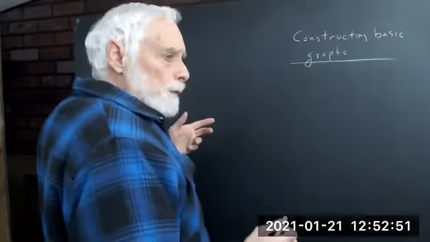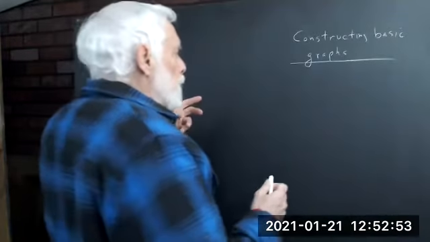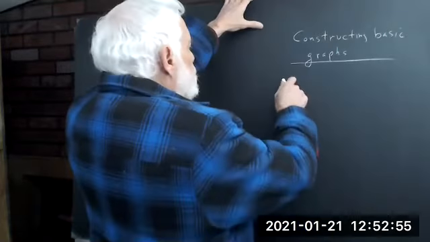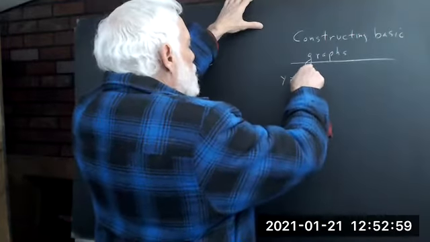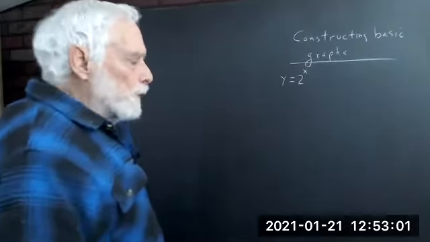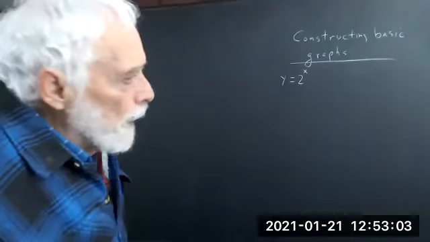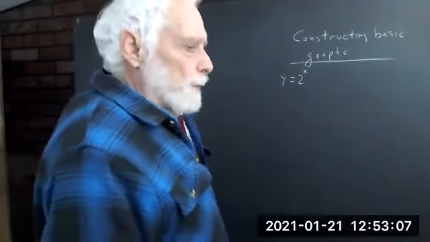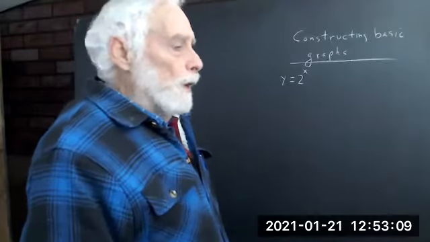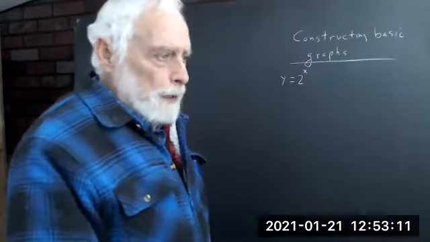So I'm going to start with the graph of y equals 2 to the x. And if you remember, I'm not going to write it down, but you should probably have this written down in your notes someplace because it's fundamental.